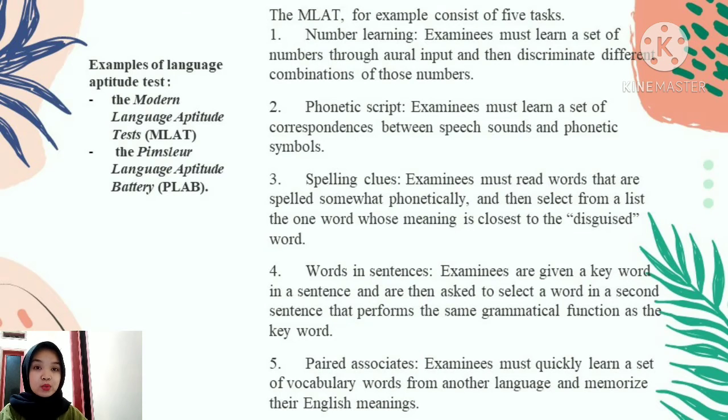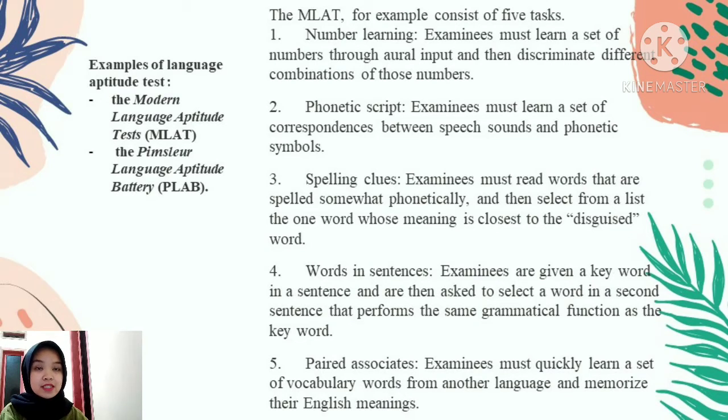Di sini ada dua contoh, yaitu MLAT, or we can say the Modern Language Aptitude Test, and PLAB, or we can say the Plimsoll Language Aptitude Battery. So, seperti apa tesnya itu akan seperti apa?